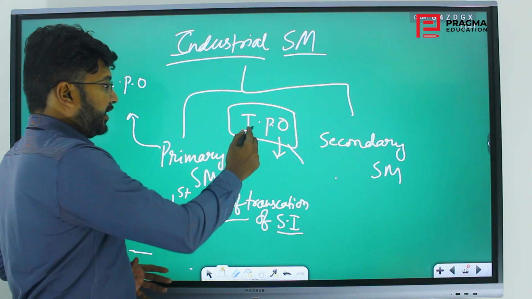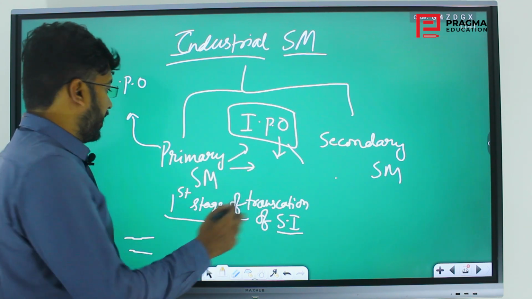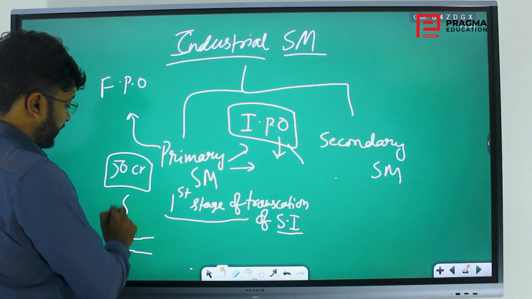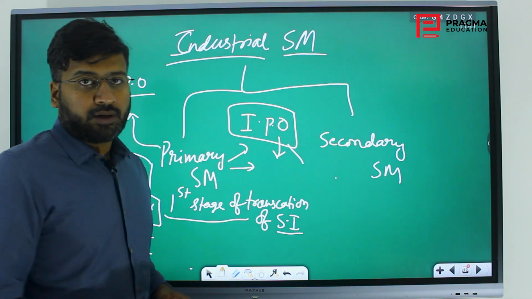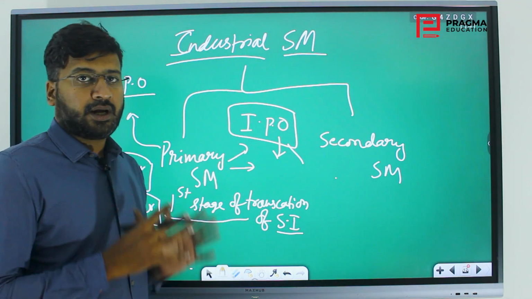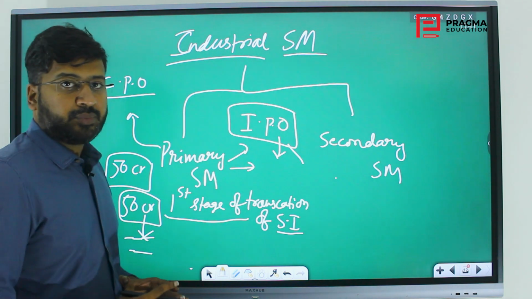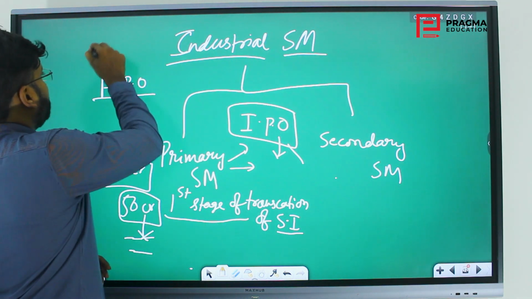The initial time, the first time you go to the public, it is an initial public offering. After that, as I have told, initially you go public with 50 crores, then again you release 50 crores. So it can be called a follow on public offering. It is still going public, it is not 100% public, so there will still be stakes with the people which can be sold in the markets. That is FPO.